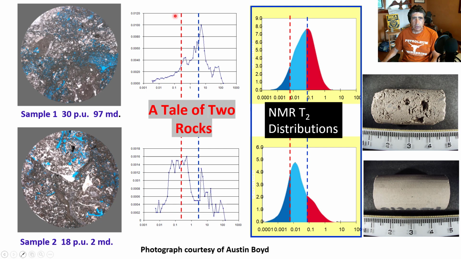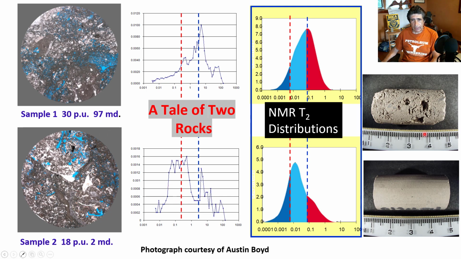I was showing on this panel the corresponding mercury intrusion capillary pressure measurements, indicating that in effect the average throat radius for the upper sample is much larger than the average or dominant throat radius for the lower sample, and that explains why the lower sample has lower permeability.